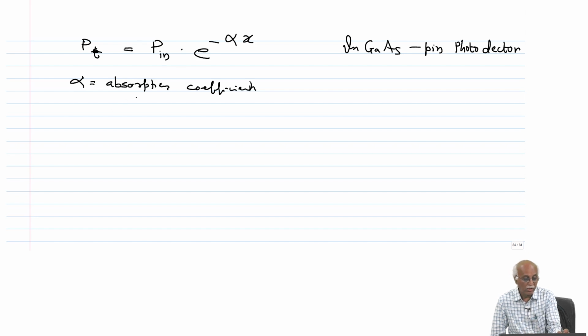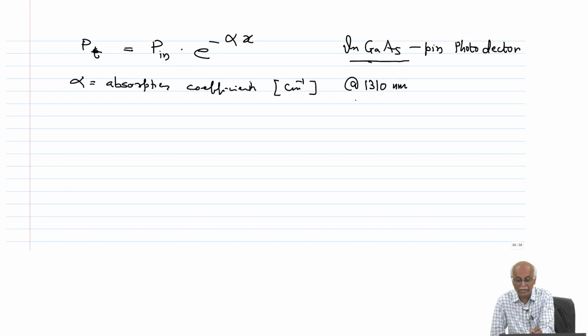So, we know the absorption coefficient alpha, in maybe centimeter inverse or micrometer inverse. Let us say the wavelength is 1300 nanometer, which is the light source, and we want to detect the intensity or power of this light source with the help of this indium gallium arsenide PIN photodetector.